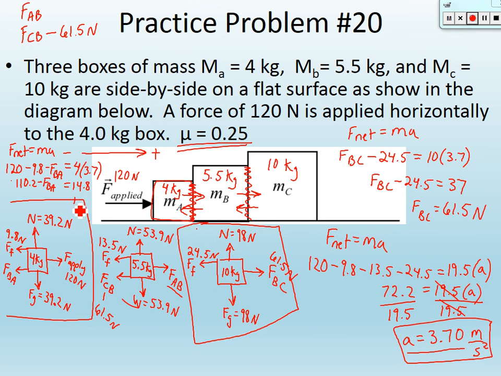So the force that B puts on A is equal to, so I'm going to move that over to the left. That means I need to move this 14.8 to this side. How do I do that? Minus 14.8. Good. And if you take 110.2 minus 14.8, what do you get? 95.4.